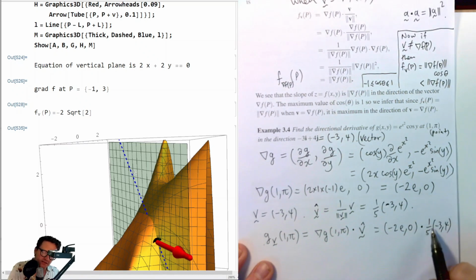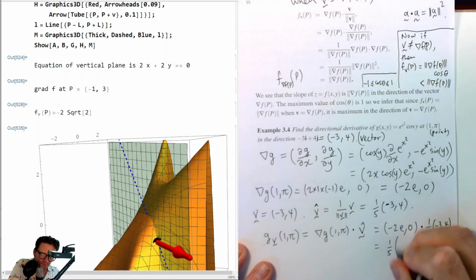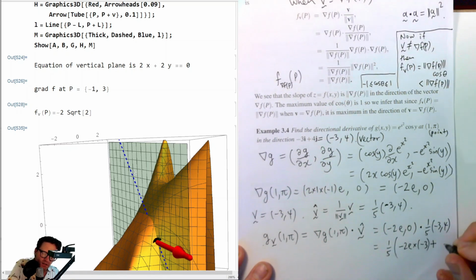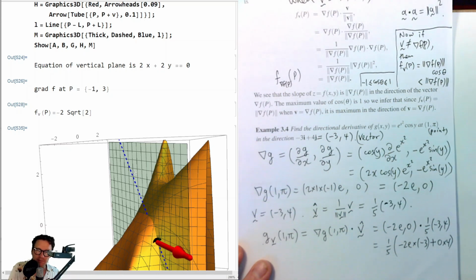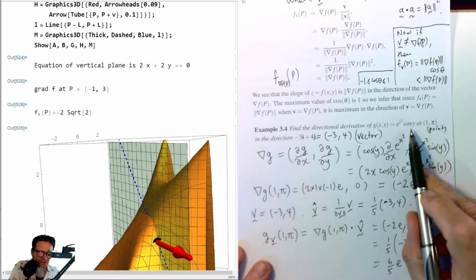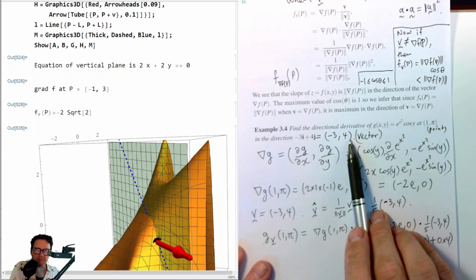Simplifying this, 1/5 is a scalar, we can move that in front. So we've got 1/5 minus 2e multiplied by minus 3, and then plus 0 times 4. Okay, simplifying that, this is plus 6e, so 6e over 5, which we can write as 6/5 times e. All right, so that is the slope of this function in the direction of this vector.